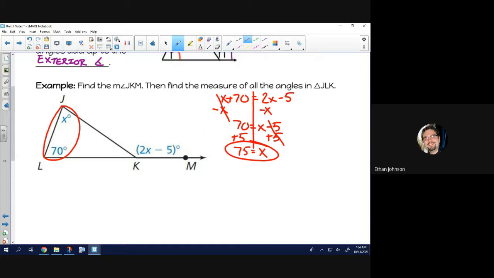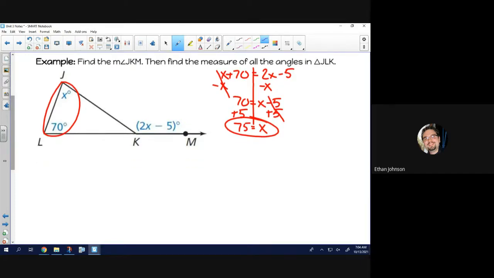Now, the problem does go on to say, then find the measure of all angles in the triangle. So we know angle L is 70. The measure of angle J would be 75.